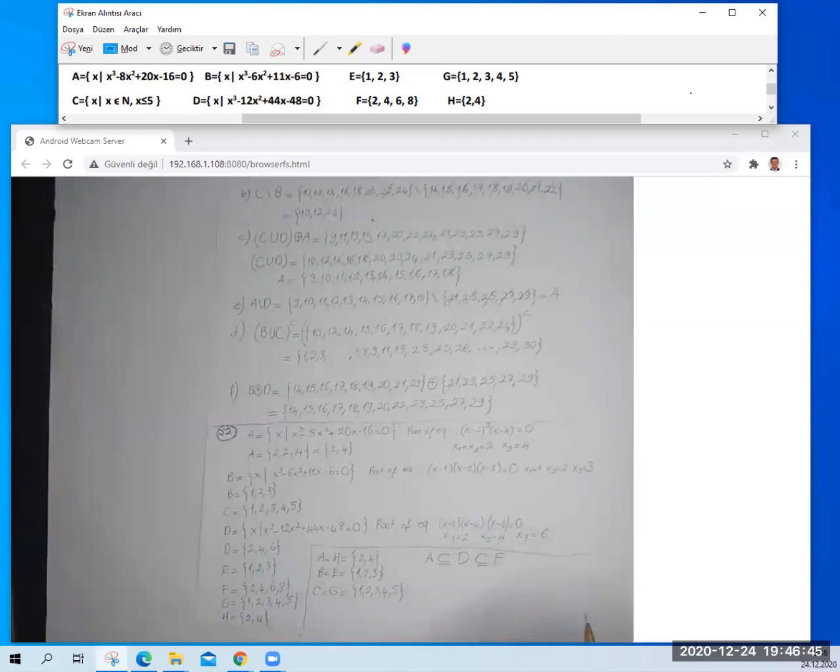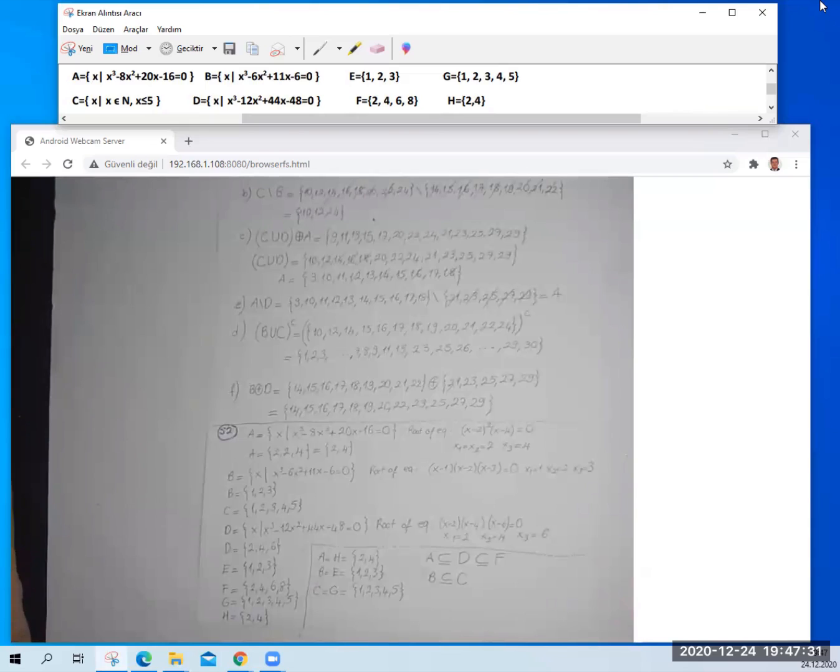And there is also B is a subset of G or C. Is there any more? No. We know G is equal to C, and we have 8 sets in total: A, B, C, D, E, F, G, and H. Now we wrote all the relations, I think. That's it. Okay, this is solution 2.